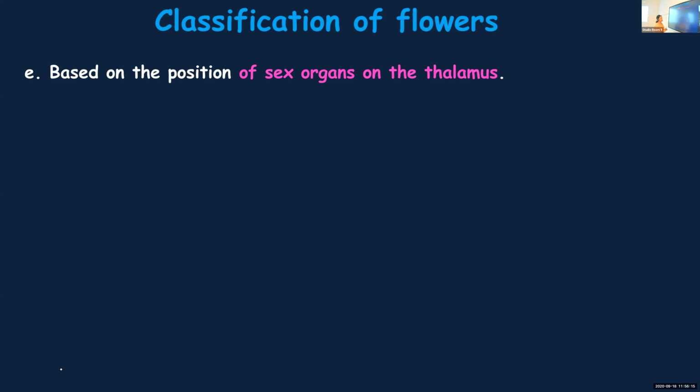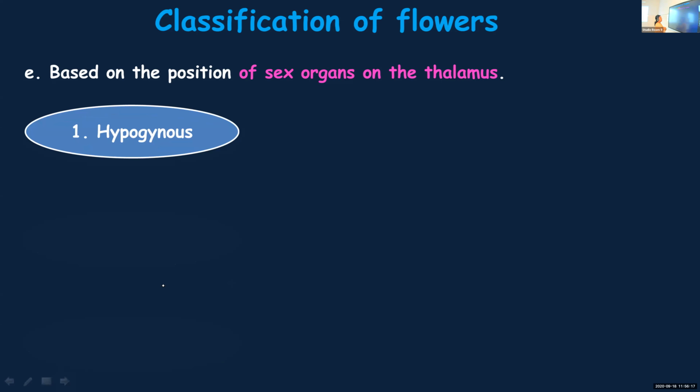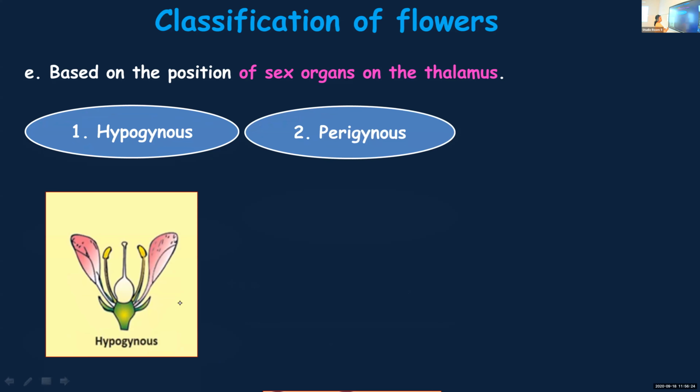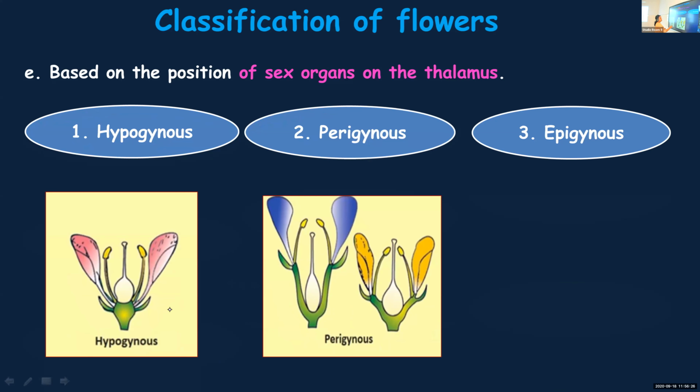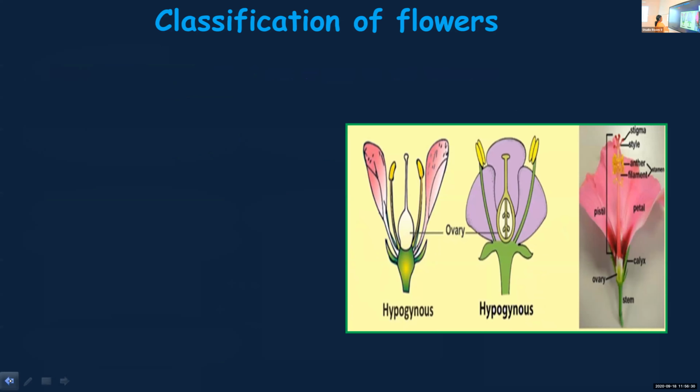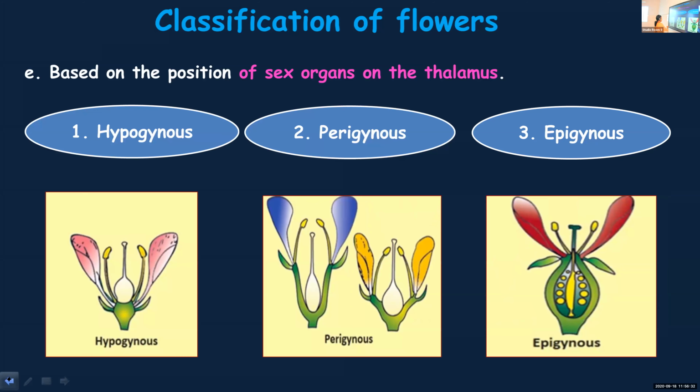Accordingly, you can categorize them. And these are hypogynous, perigynous, and epigynous flowers.